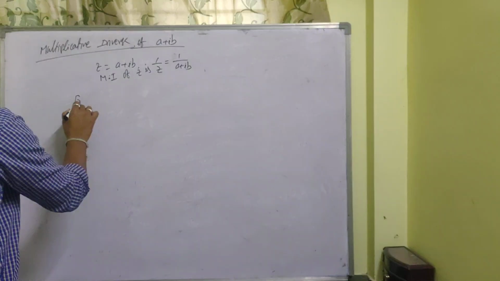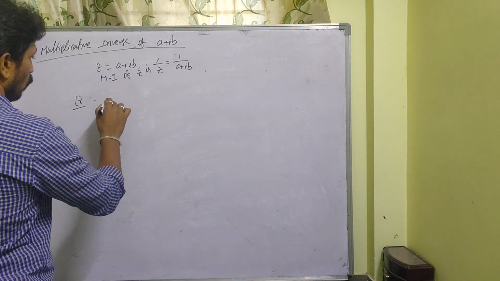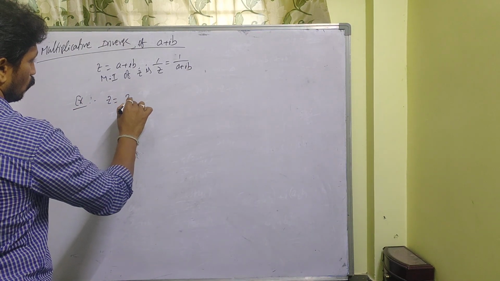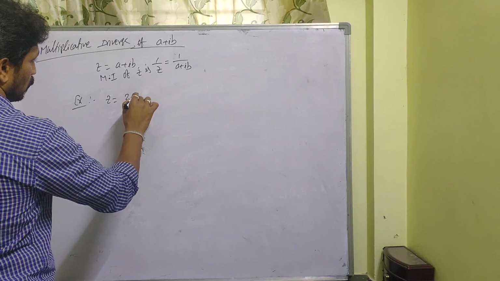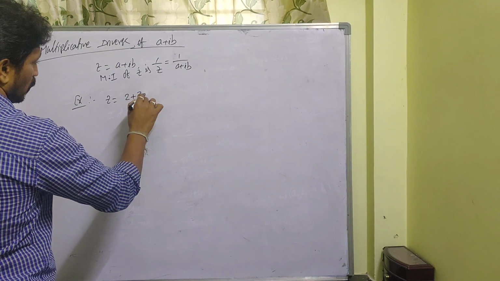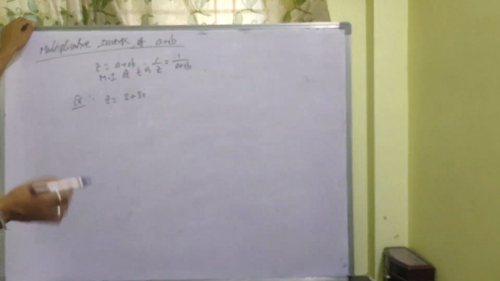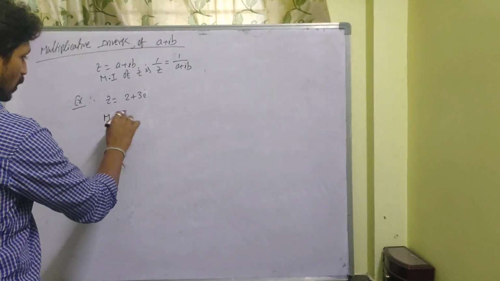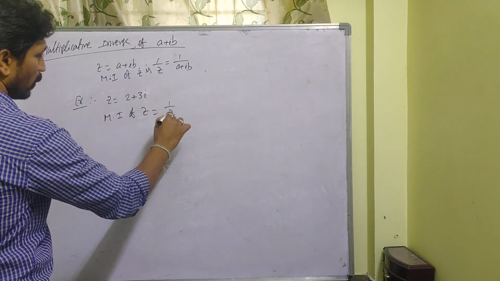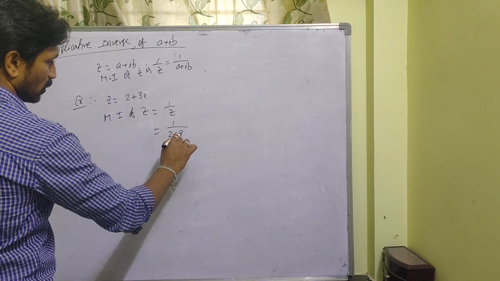See, take one example. Whenever you have z is equal to 2 plus 3i, what is the multiplicative inverse? Multiplicative inverse of z is equal to 1 by z, that is 1 by 2 plus 3i.